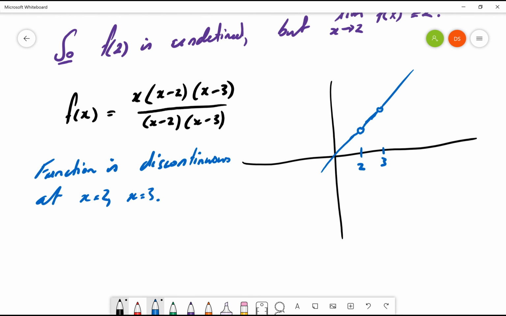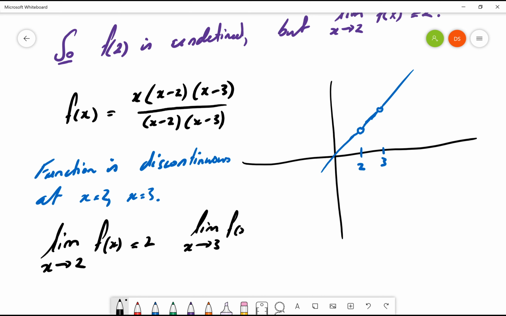We know that for this f of x, the limit as x tends to 2 of f of x is equal to 2, and the limit as x tends to 3 of f of x is 3.